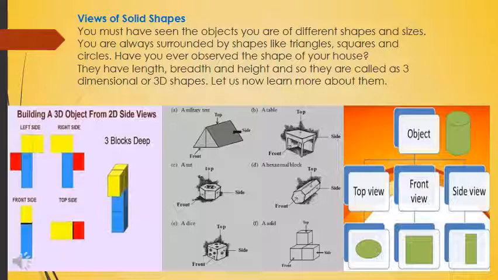Suppose there is a military tent which has a front view, top view and one spherical side view. Another example is a table. Its top looks rectangular, and it has a front view and side view. So there are many more examples which have these views.